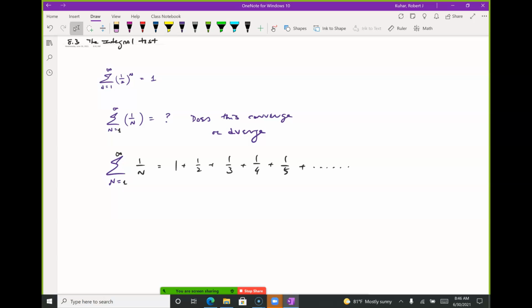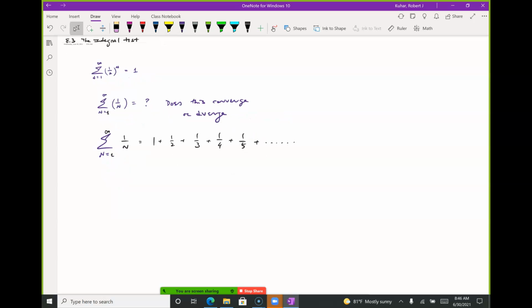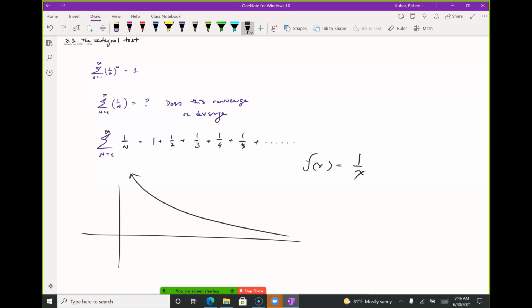Now, remember my test for convergence. I want to look at this in comparison to f of x equals 1 over x. So there's f of x equals 1 over x.